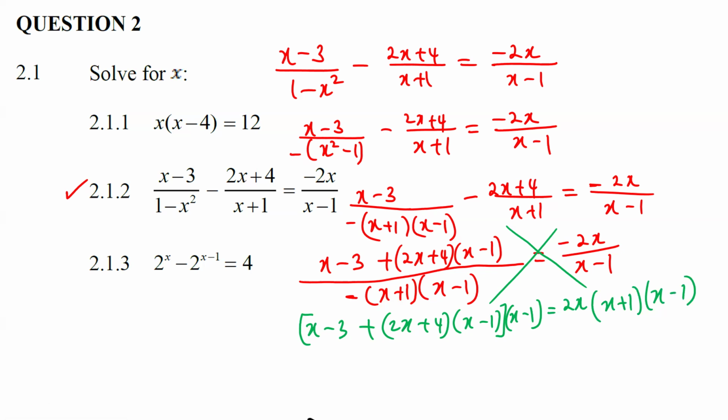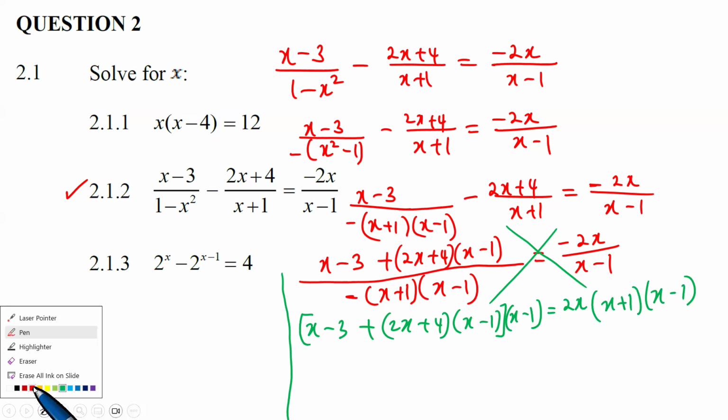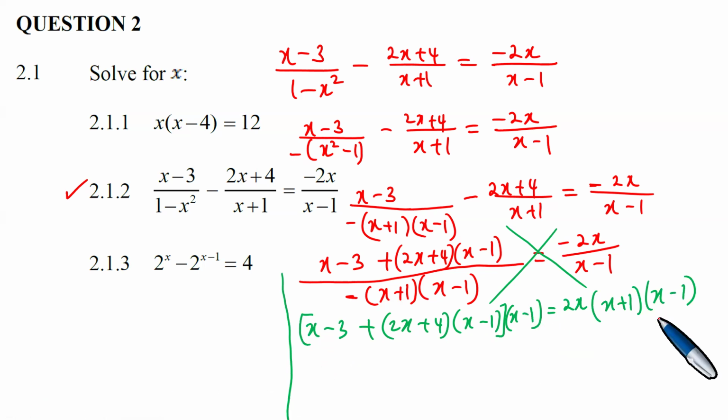At this point, what then do we do here? x minus 1 cancels x minus 1. So that is what you're going to have there. Then x minus 3 plus, open bracket, 2x plus 4, and then plus positive 2x, open bracket, x plus 1.